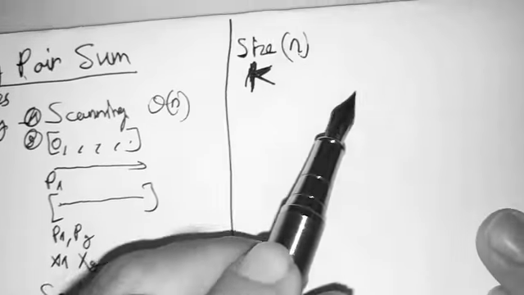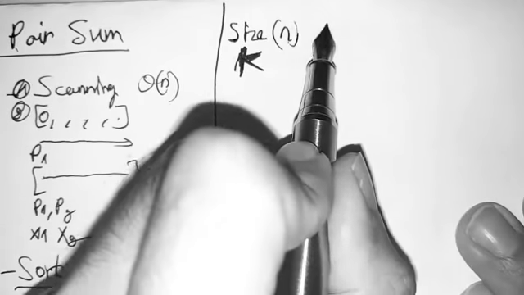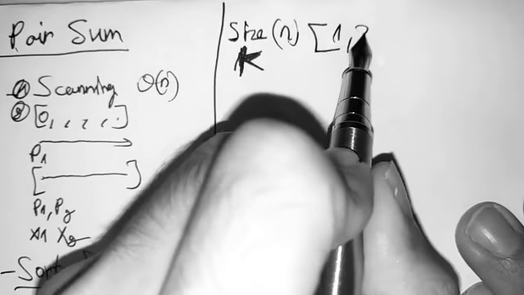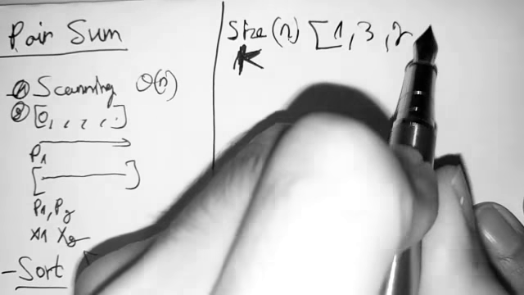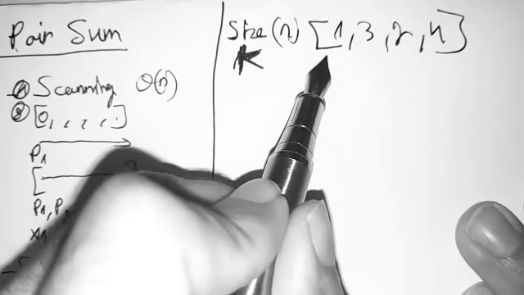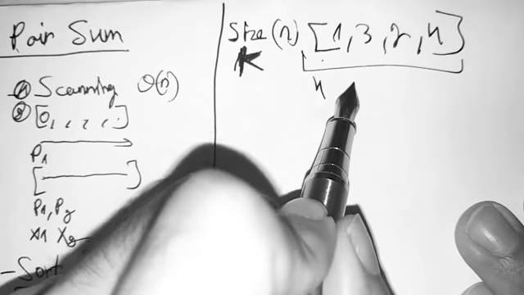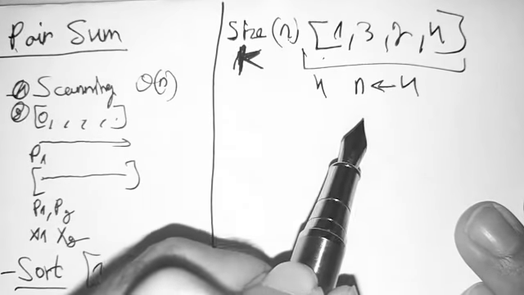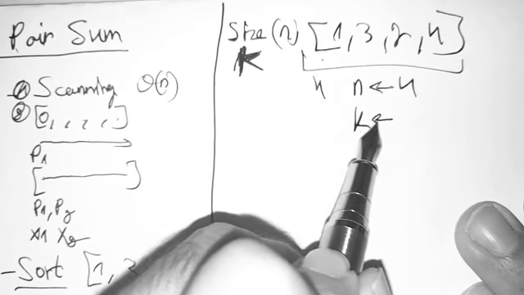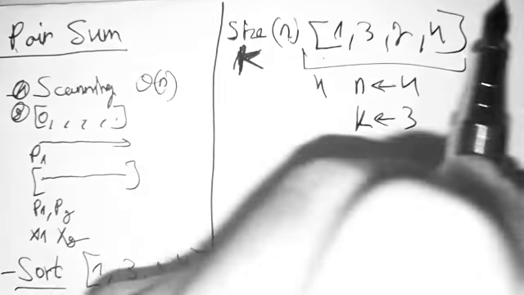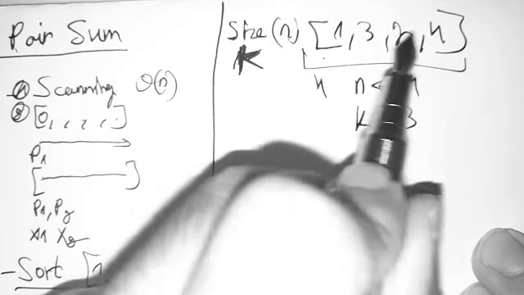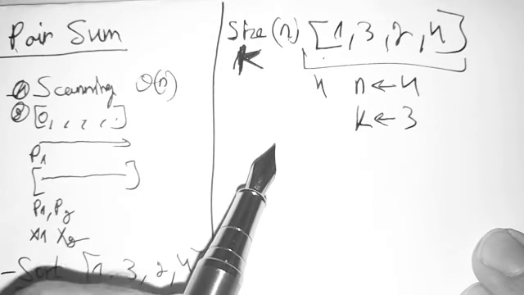So let's take an example. We have this array 1, 3, 2, and 4, and here of course the size is 4, so n is 4, and if we are given k which is 3, then which pairs give us a sum of 3?